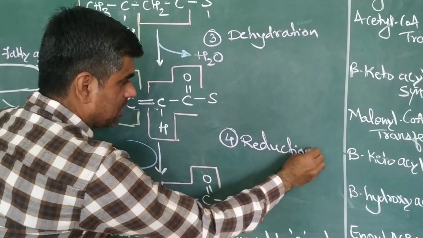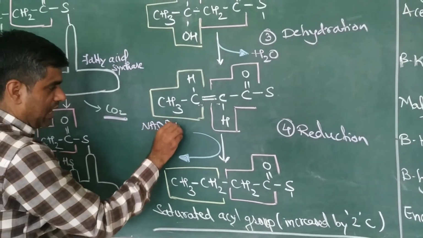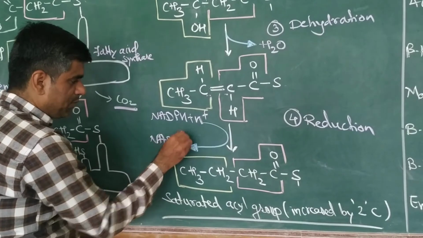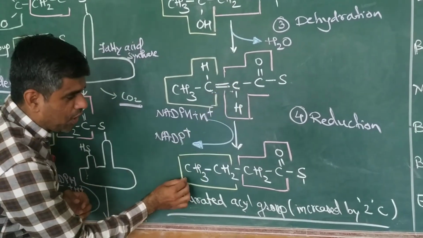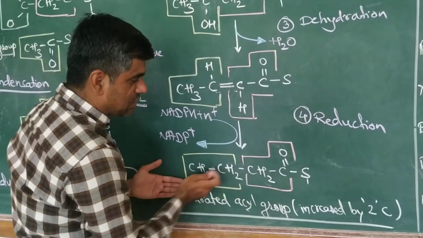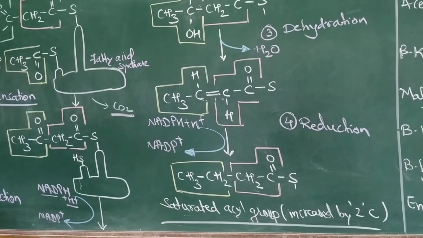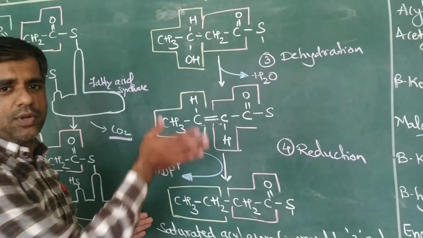Talking about reduction, the reducing equivalent supplier is again NADPH and H plus, which gets converted to NADP plus. So there is addition of hydrogen across the double bond, and you have formation of a saturated acyl group. So this has now increased by 2 carbon atoms, right? This is how the sequential events will continue, with continued addition of 2 carbon atoms.